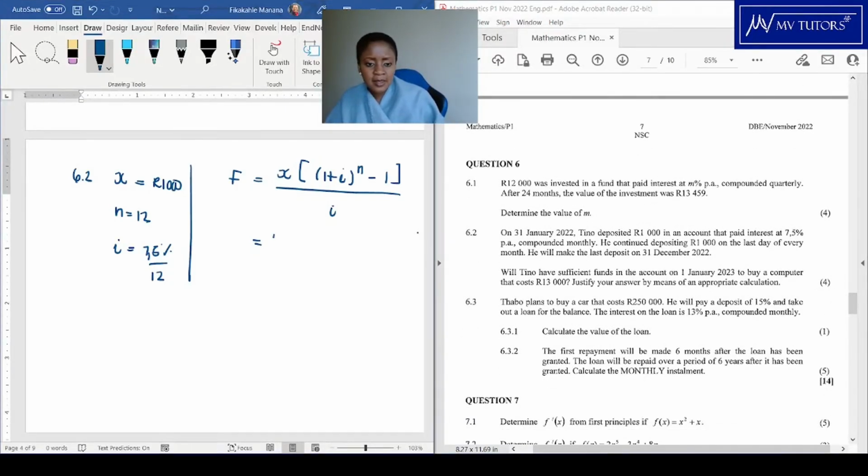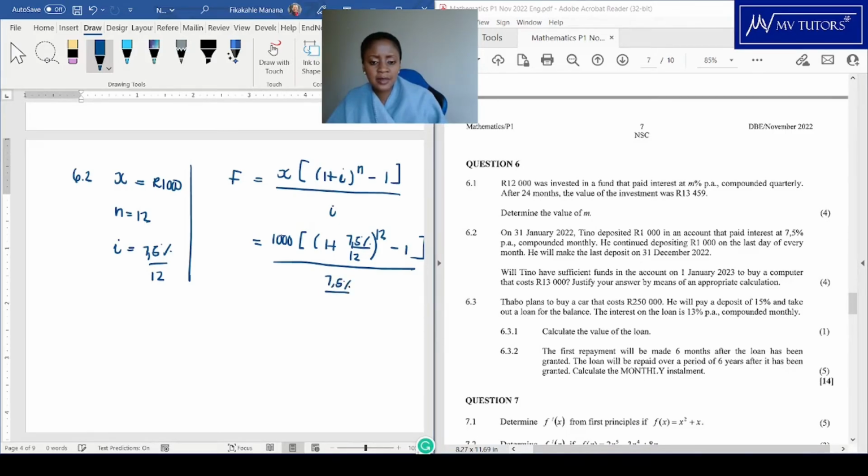So we know that x is 1,000. 1 plus 7.5%. I know in class they probably taught you to write 7.5 divided by 100. It's up to you. I just prefer putting it like this. So it's really a personal preference. n is 12, minus 1. I guess it also depends on the calculator that you're using. If it's a whole lot complicated, rather just use 7.5 divided by 100.